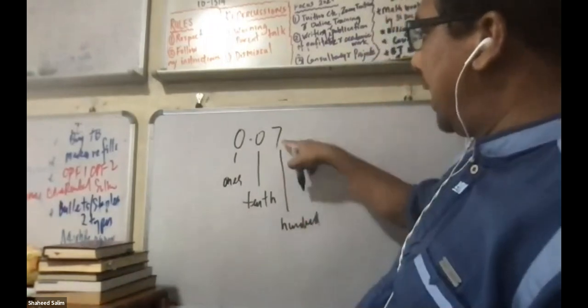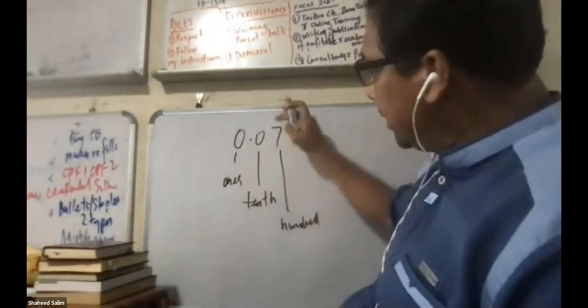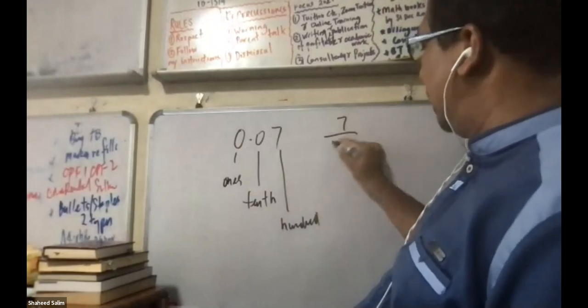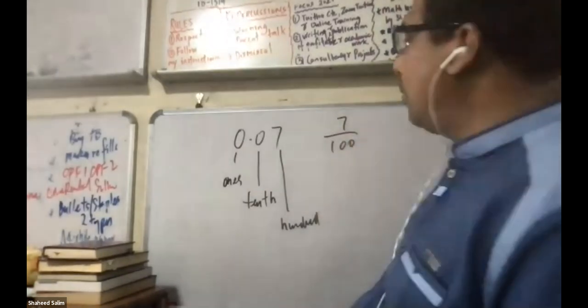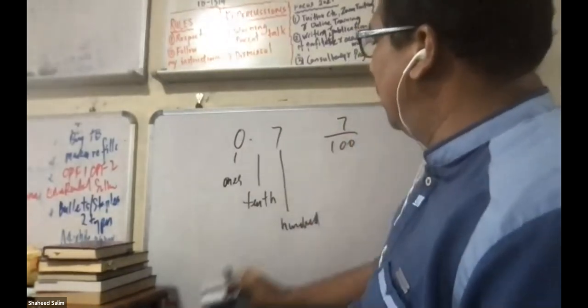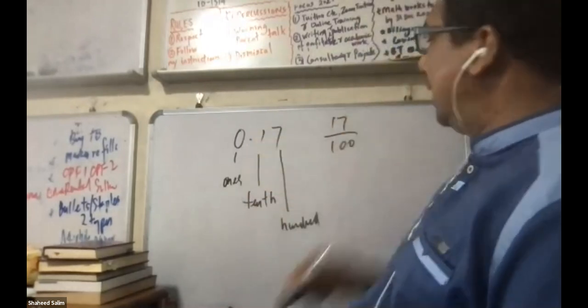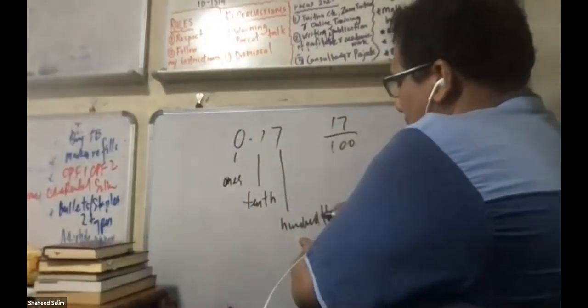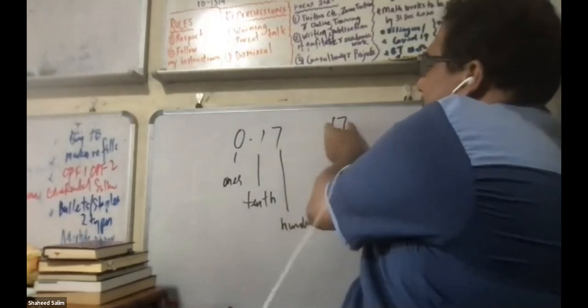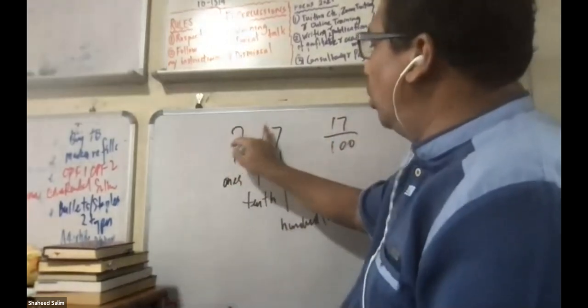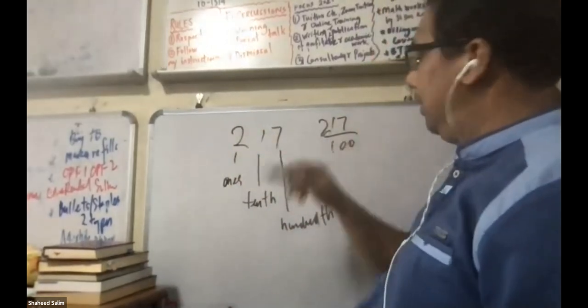Once you see this, take the last one, hundredths. 7 over 100. What about 0.17? Just 17 over 100. Look at the last place, put 100 here, and put this number here. Put it like that.